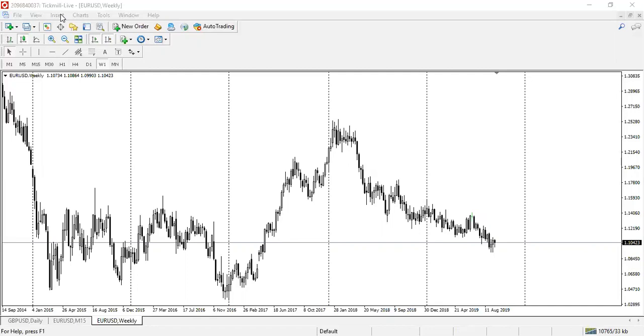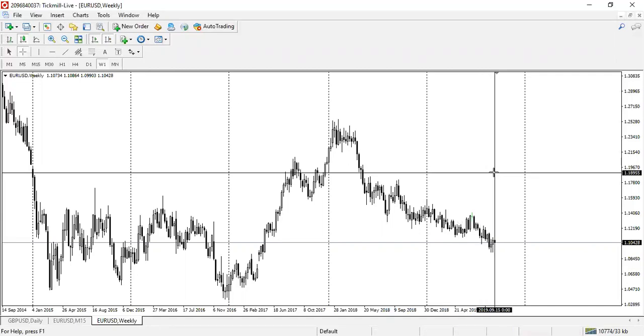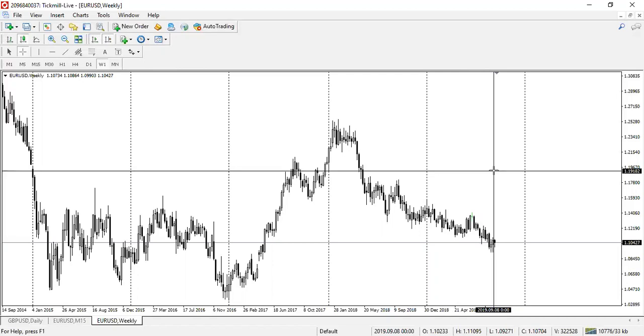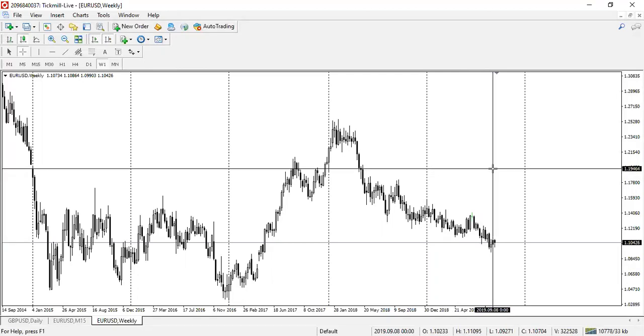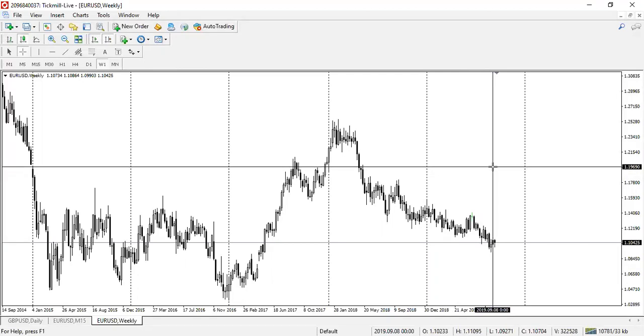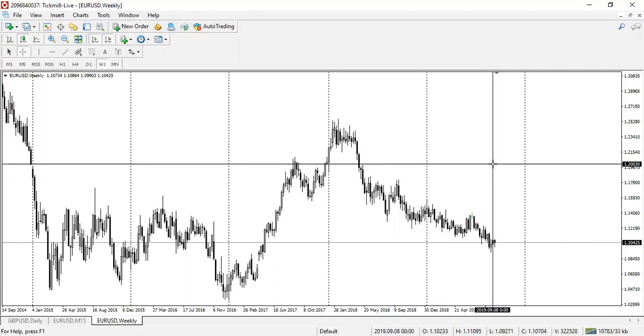I will use the IFCT methodology to break the market down. So assume that today is 13th of September 2019.